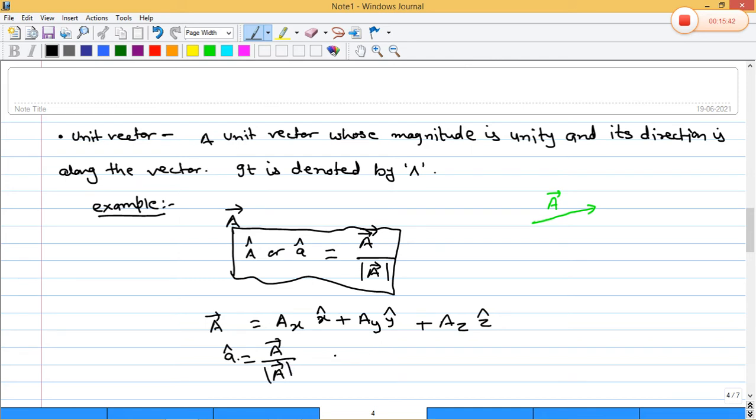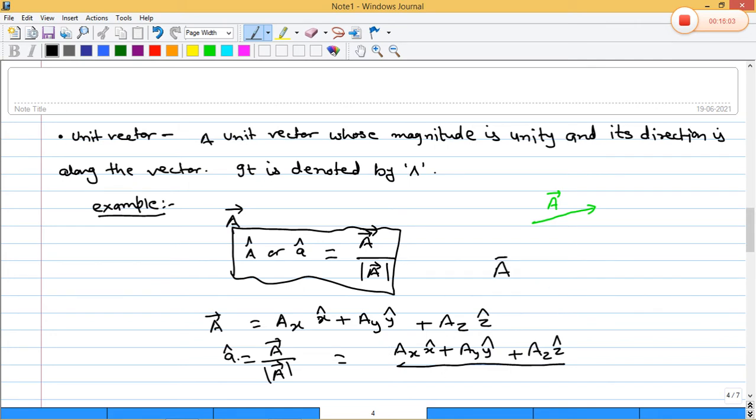Clear? So that is ax x cap plus ay y cap plus az z cap divided by its magnitude. What will be the magnitude of this?